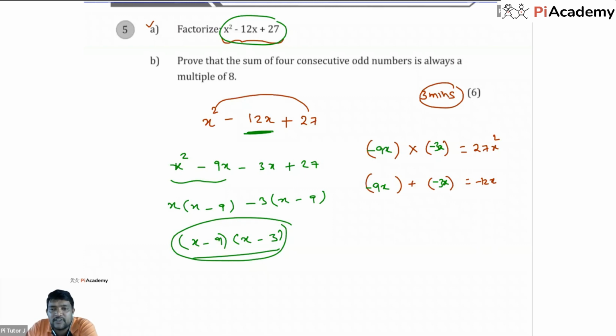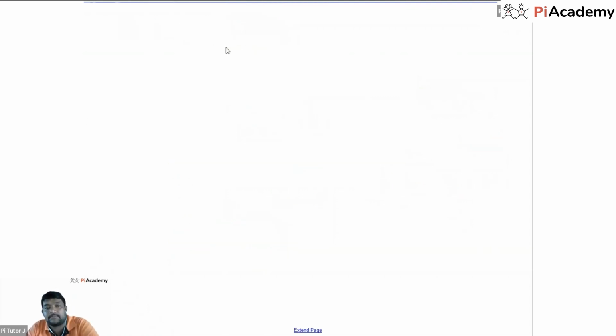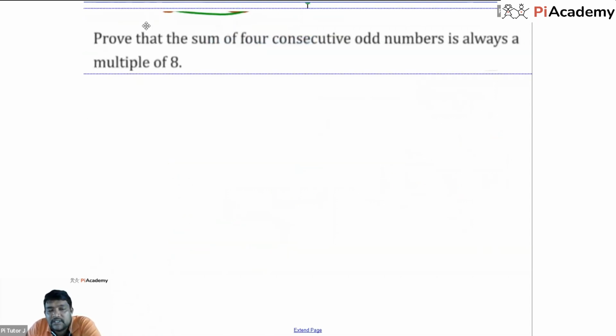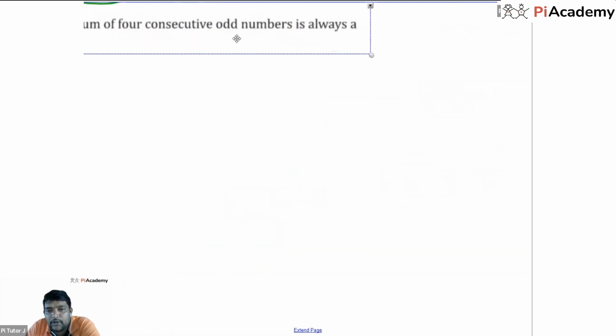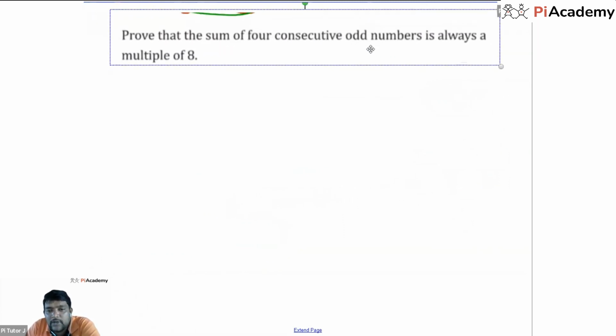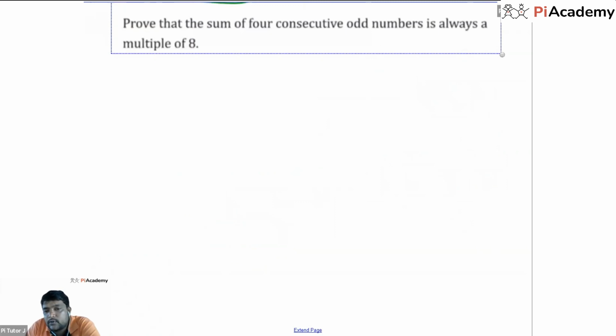Let me take it to the other page so that it will be easier for you. Here you go. Prove that the sum of the first 4 consecutive odd numbers is always a multiple of 8. Now let's see.